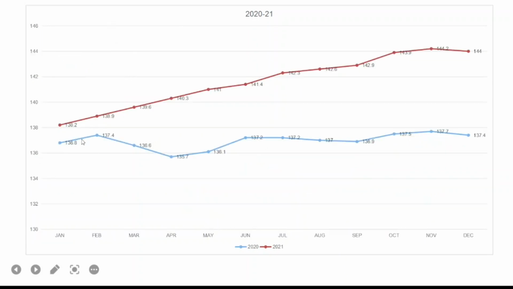But come 2021, the prices of commodities started going higher. The CPI number started increasing. And what it created was a huge difference between the 2020 and 2021 data. And that's what triggered the inflation and the situation that we are in today.